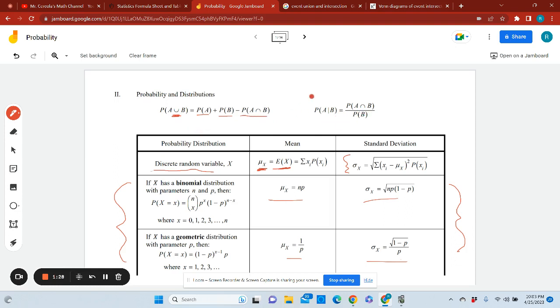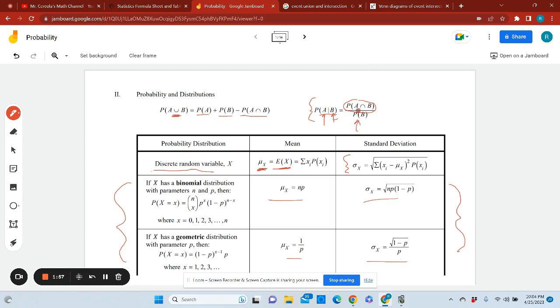And then we can also look at conditional probability here, right? So this is the probability of A given B, right? So given we already know that B has occurred, what's the probability that event A will occur? And that's going to be equal to the probability of A and B. So this is an event intersection divided by the probability that B will occur.